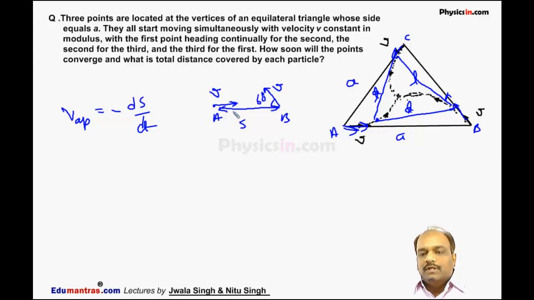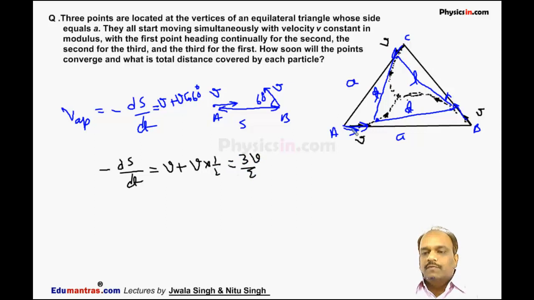The rate of decrease of this distance is the velocity of approach, and this is equal to V plus V cos 60 degrees. This is the velocity of approach of A and B. So velocity of approach is minus ds by dt, that is equal to V plus V cos 60, which is half. So it is equal to 3V by 2. This is the velocity of approach between A and B.